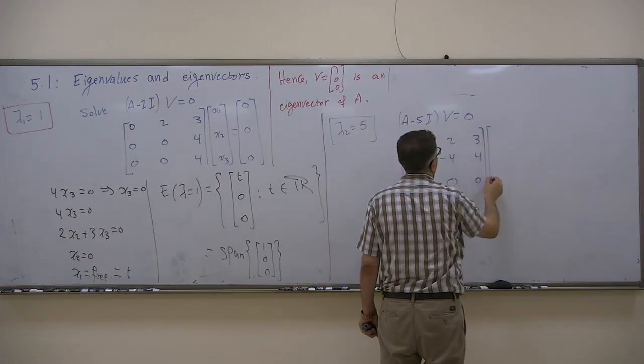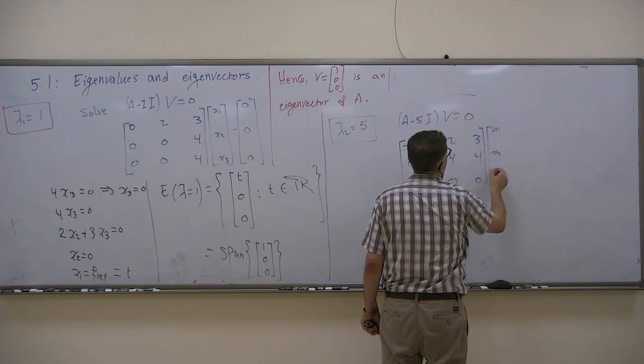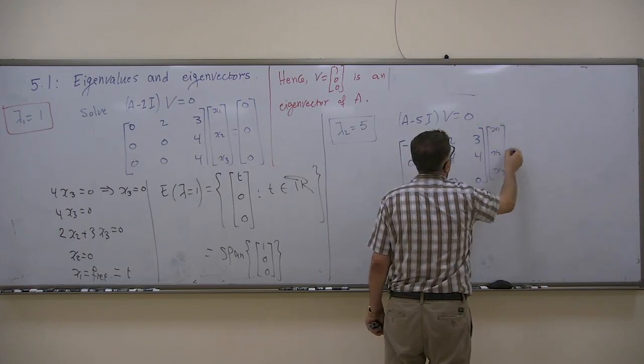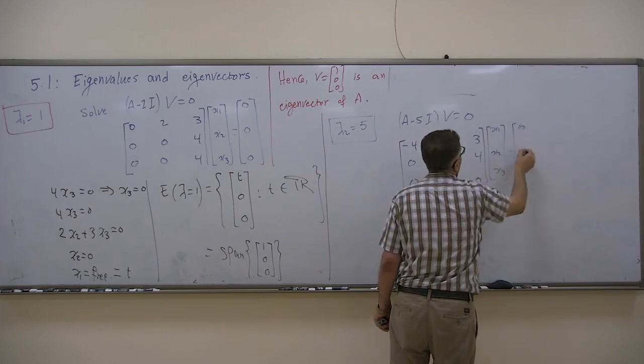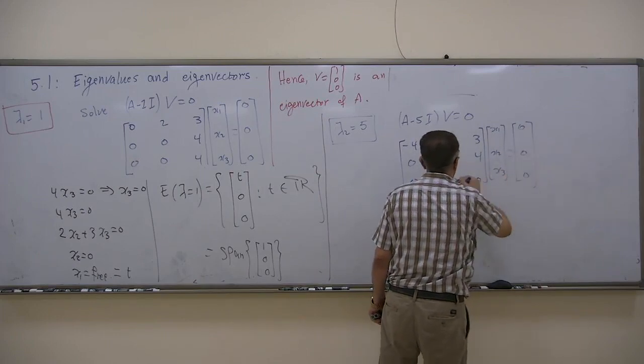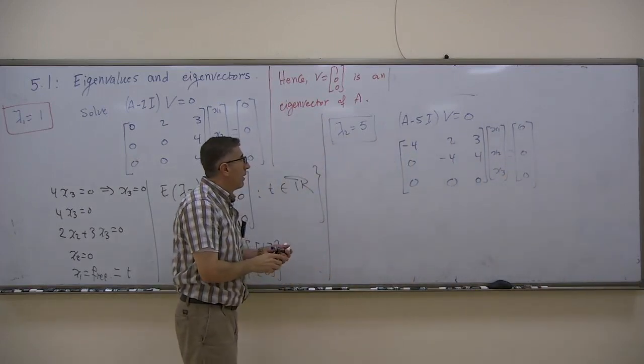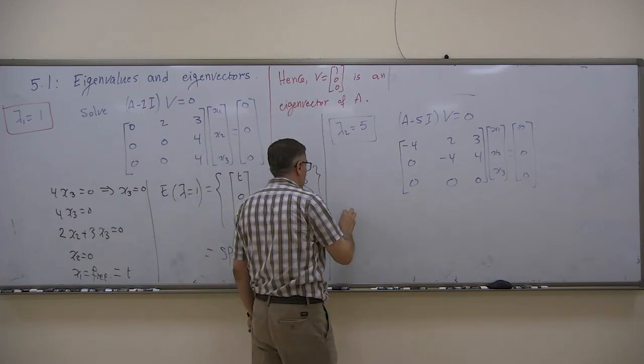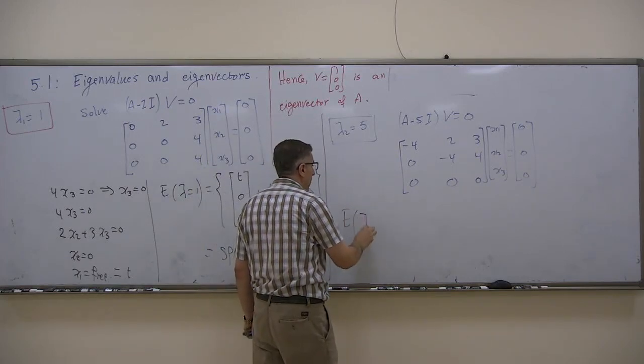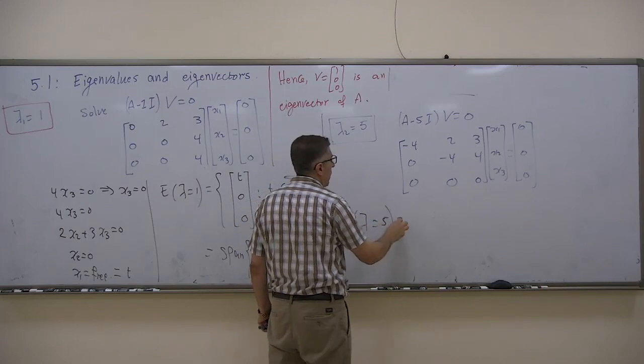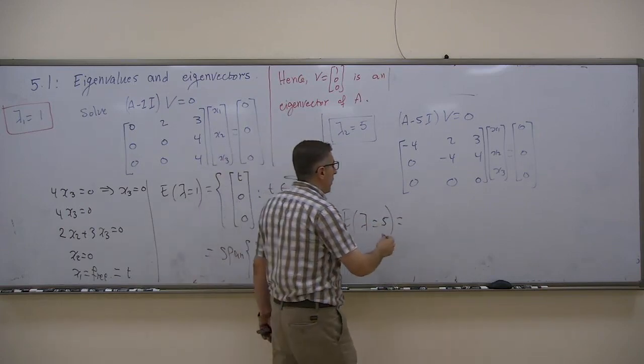And here x1, x2, x3 is 0, 0, 0. Now you solve and you find here E, the eigenspace that belongs to lambda equals 5. And I'll leave it for you here to write it.